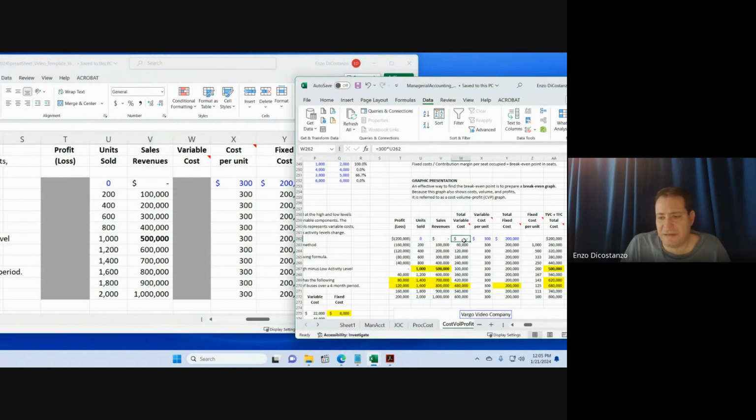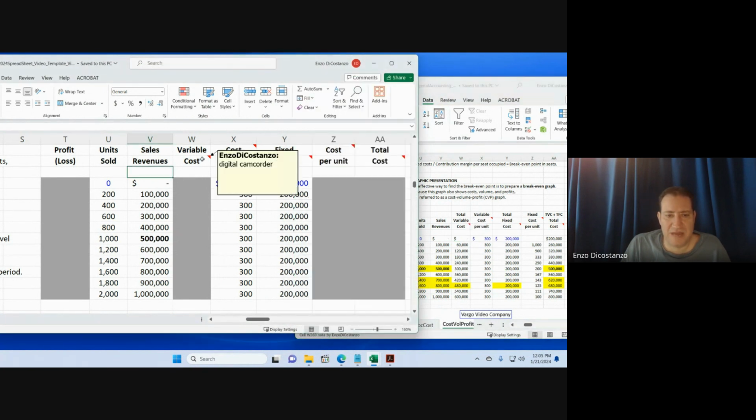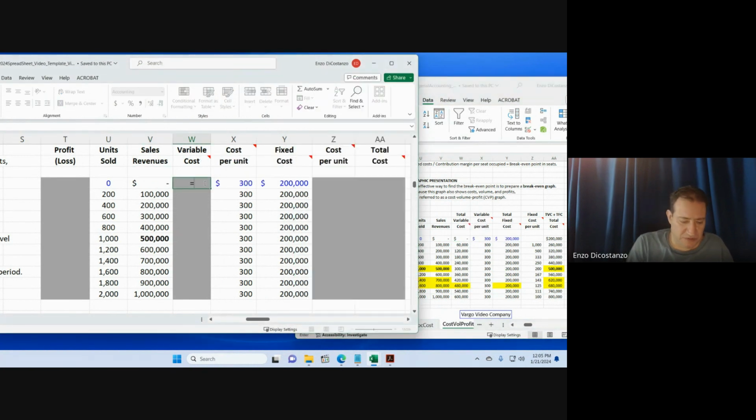So we looked at it like this. This is for digital camcorders, and this will be equal to, actually, we'll do it like this, Control right. This will be 300 instead of 500.